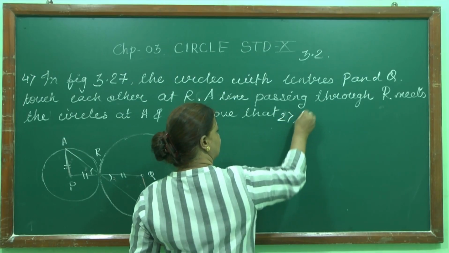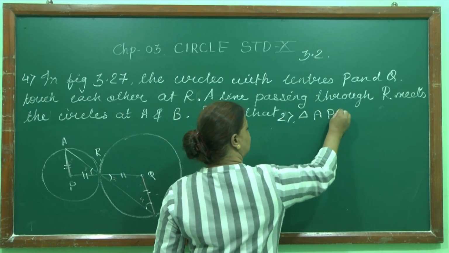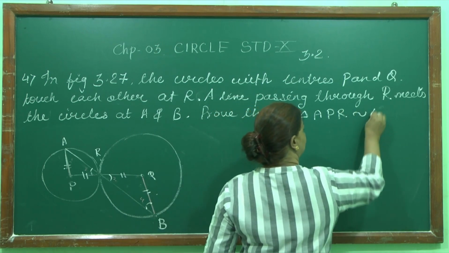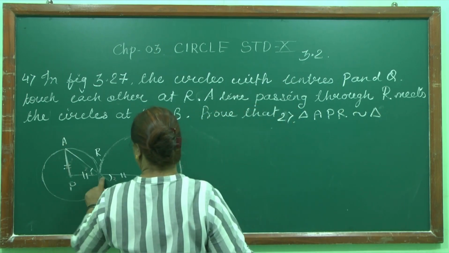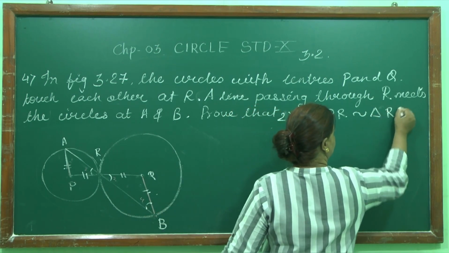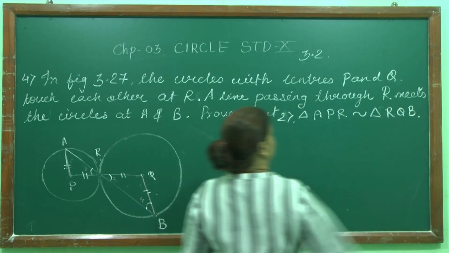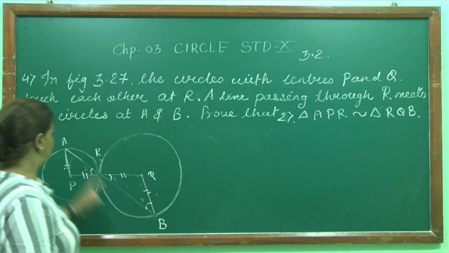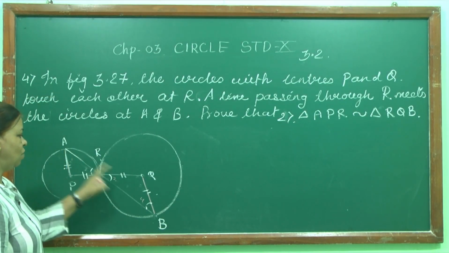Now second is triangle APR similar to triangle RQB. We want to prove triangle APR is similar to RQB.